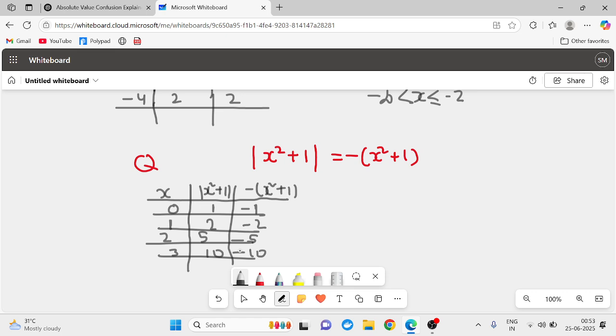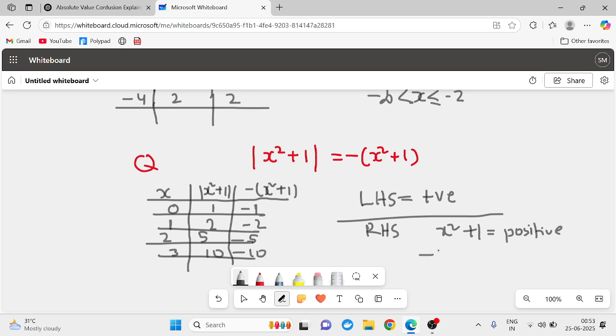So if you look at it, the LHS is surely positive. Whether it's with mod or without mod, the RHS, by observing, x square plus 1 is always positive. Am I right?